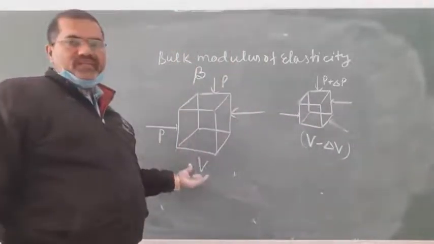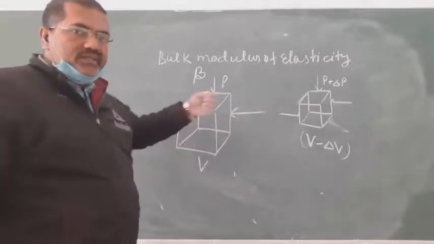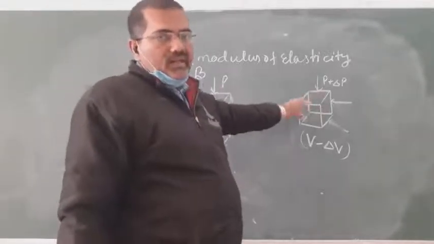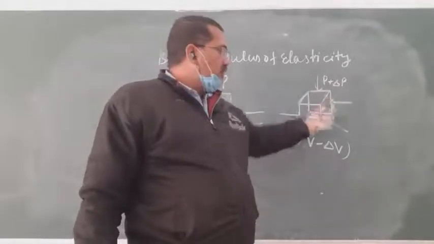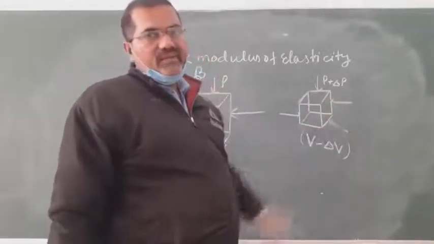Initial volume of the body is V, pressure is P. When pressure is increased by delta P on the body, its volume will decrease by delta V. So final pressure will be P plus delta P and final volume will be V minus delta V.